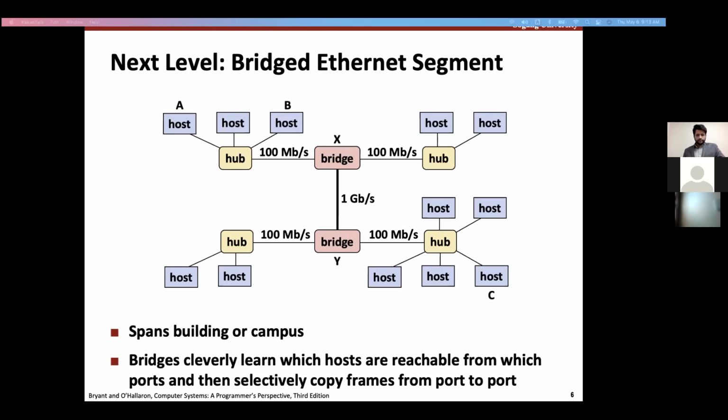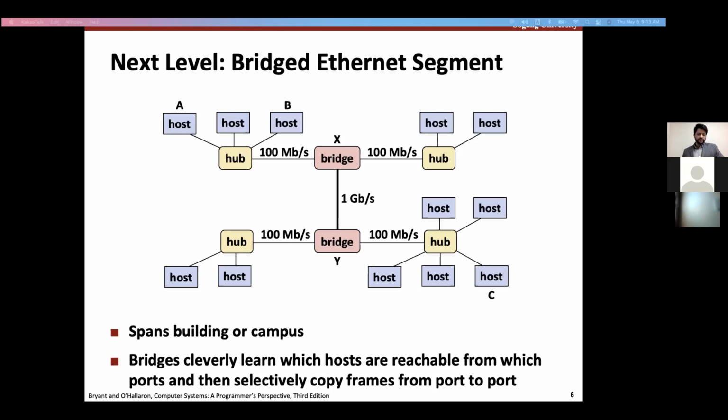The slide shows quite a detailed depiction of these bridges and hubs, and how they are connected, with the bandwidths written on top. These bridged Ethernets can span entire buildings or campuses, and in a bridged Ethernet, some wires connect bridges to bridges, and others connect bridges to hubs.